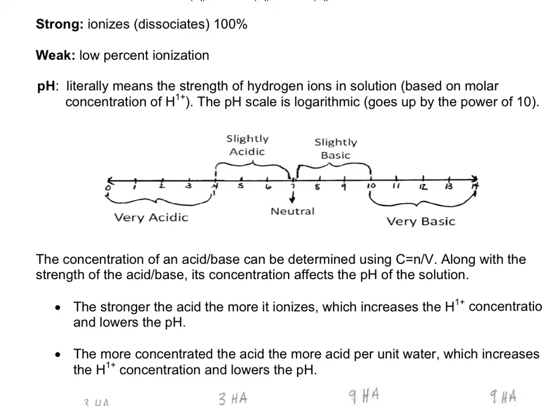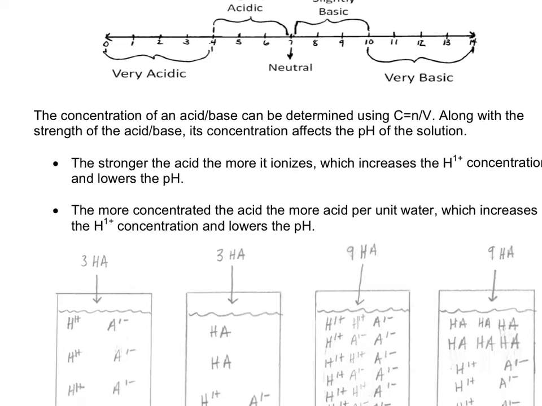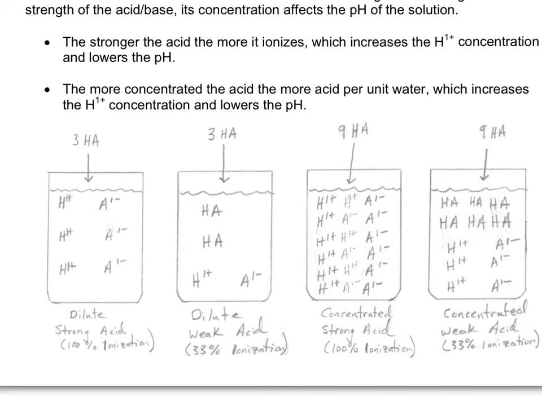Now the pH of an acid is affected by its strength, but also the concentration of the acid affects the pH as well. The stronger the acid is, the more it ionizes, which increases the H+ concentration in the solution, and it lowers the pH.